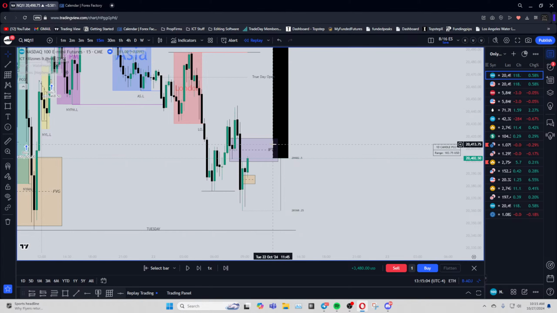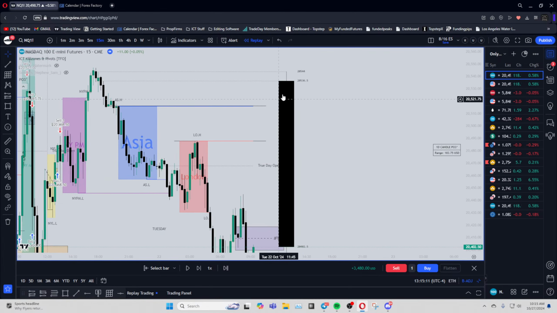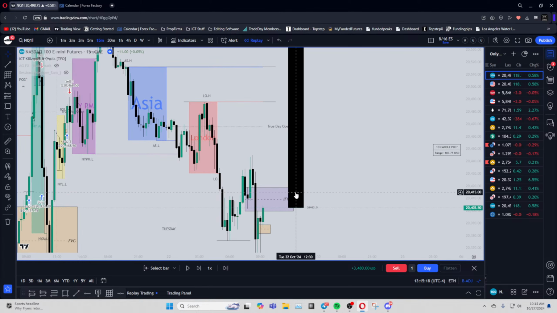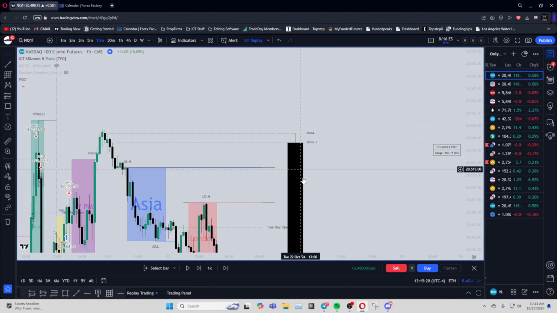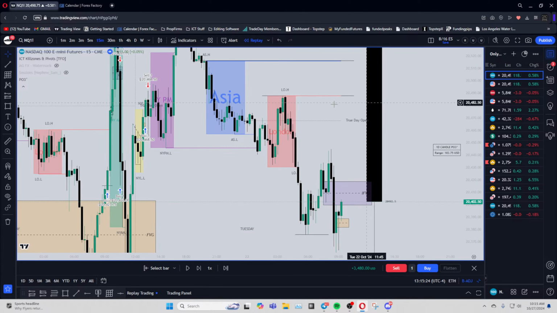Then we just want to see our market structure shift, and then that would be our entry model pretty much, inverting this IFVG. And remember, we're waiting for this candle to turn green. We're black right now, so we want it to turn green, which would need price to come all the way up and trade up here actually.